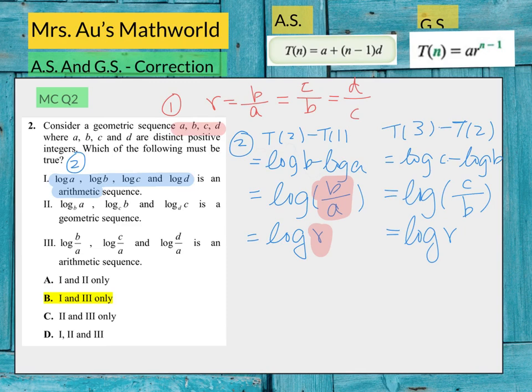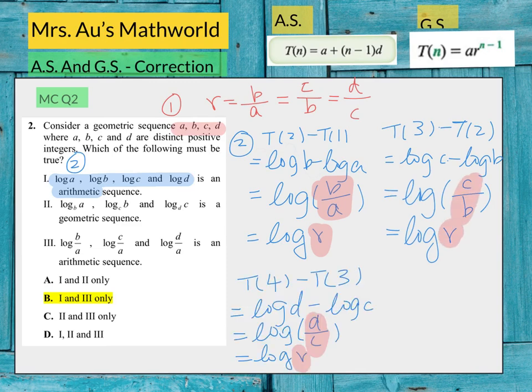Quickly we also do the third pair, as shown like this. You can see that all these are the same, and the common difference equals log R, therefore this is a yes. So this is the first statement.